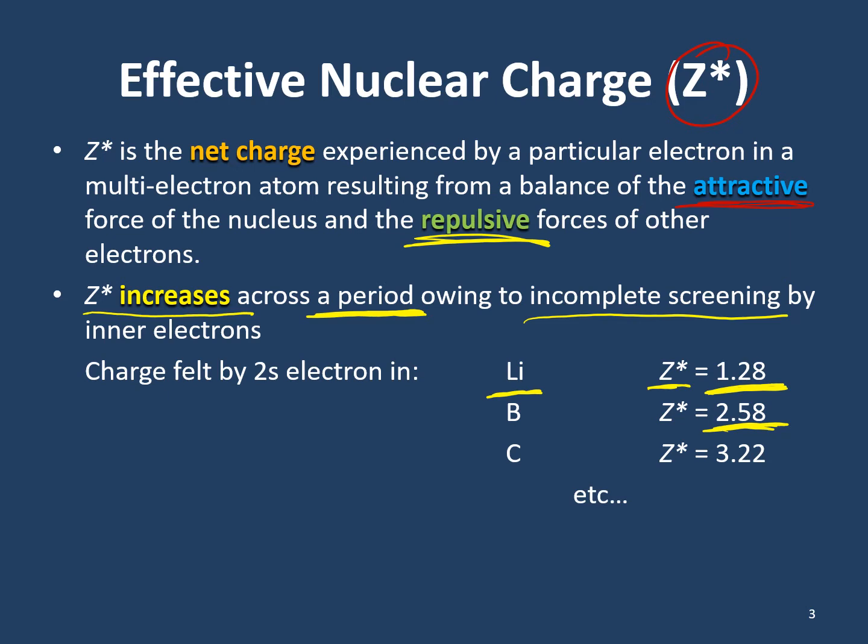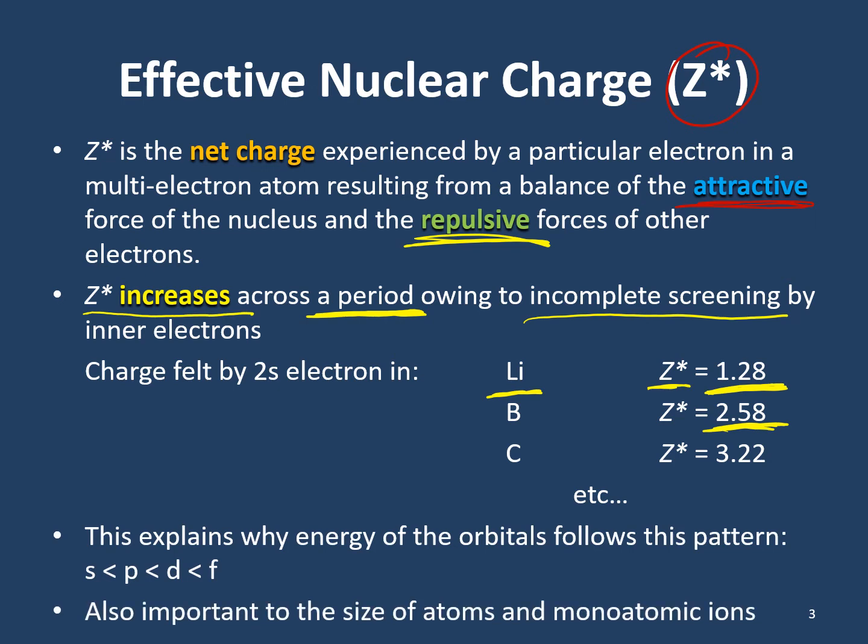Now, Z effective, or effective nuclear charge, explains a lot about some things that we've been talking about. I'm just not going to go into it as much. We're going to mainly focus on it for the size of atoms and ions and why it is this way.